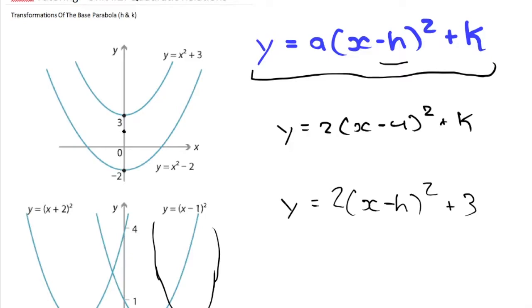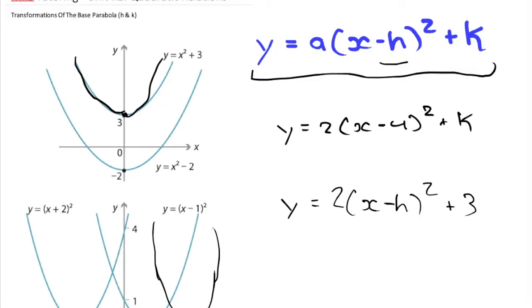So the graph would start about here, right? And due to this, the graph would expand from that point on. That is known as the vertex of the parabola, as it's the point where the parabola is either at its highest or its lowest.